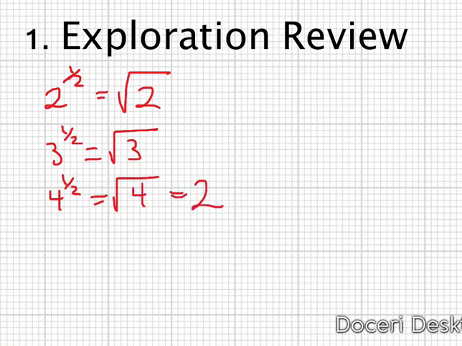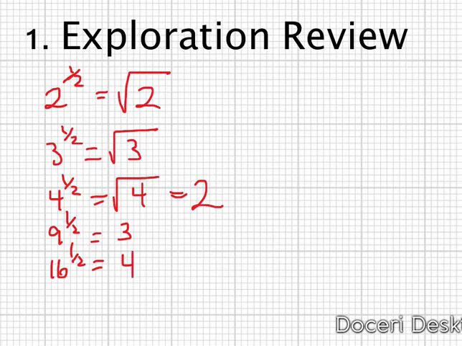And this is one thing that they showed you. They took 4 to the 1/2, then I believe they did 9 to the 1/2, then 16 to the 1/2, and so on. 9 to the 1/2 was 3, 16 to the 1/2 was 4.